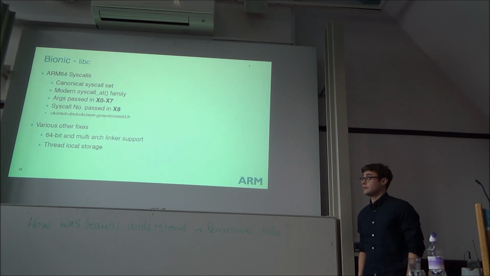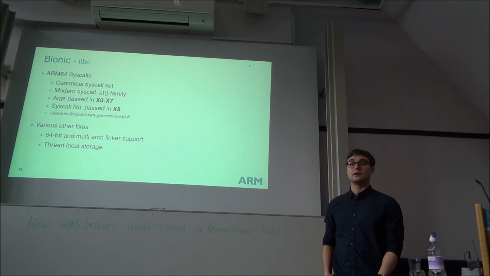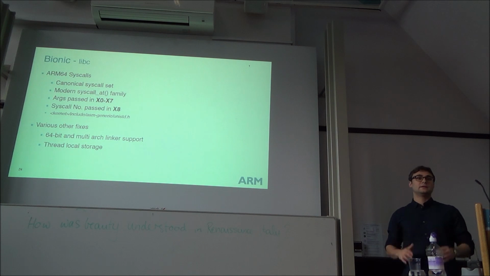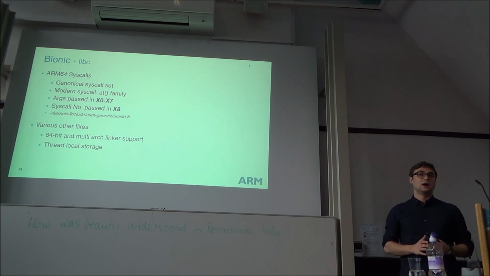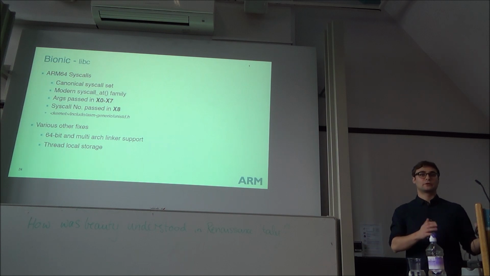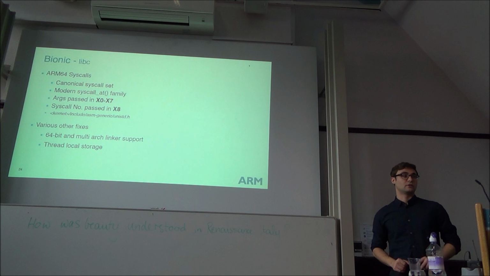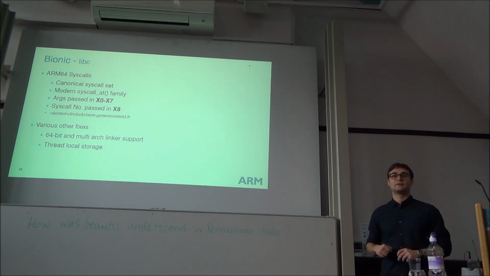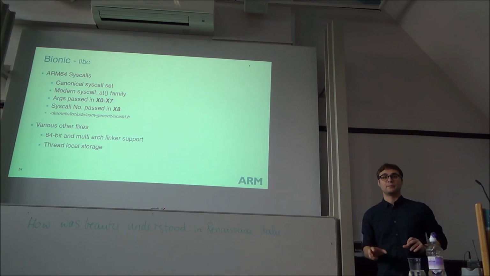So the ARM64 system calls use a canonical syscall set, which basically means a restricted syscall set. There are all sorts of computer architectures out there. Most of them support Linux, and most of them have all sorts of syscalls which could do the same thing. I give you an example here with syscall open, for example. One uses the relative path, one uses the absolute path.